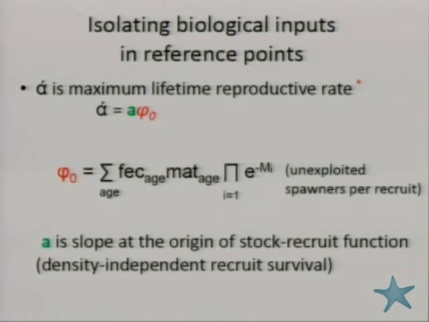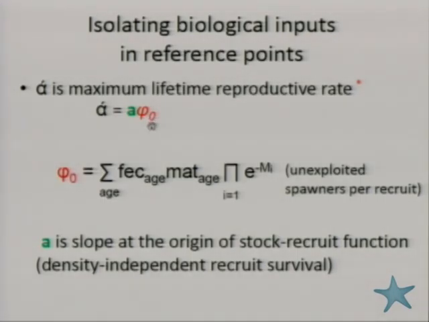I think using this parameter, where you have those two components, recruit survival and then lifetime reproductive output, helps to conceptualize why it's so difficult to estimate steepness or alpha hat in a stock recruit relationship. You can imagine all of the things that influence the slope at the origin: environment, temperature, oceanographic currents, predators.